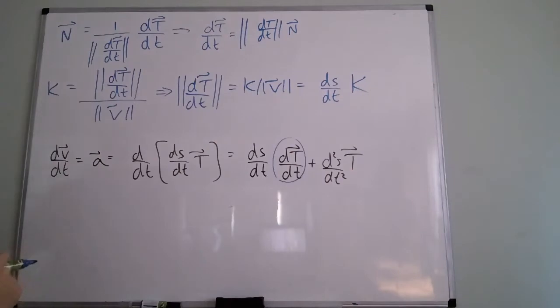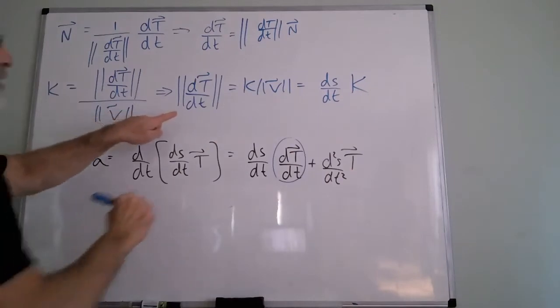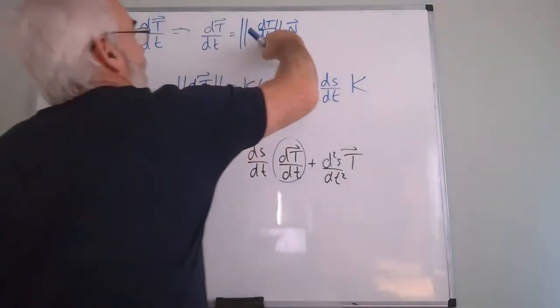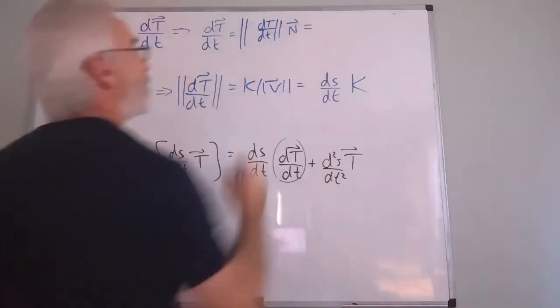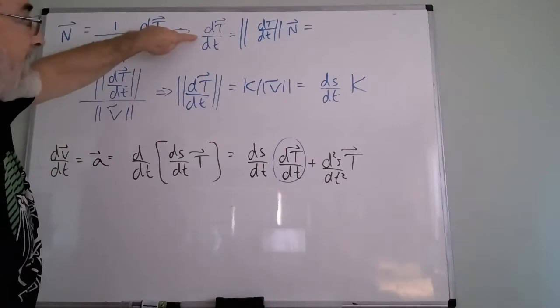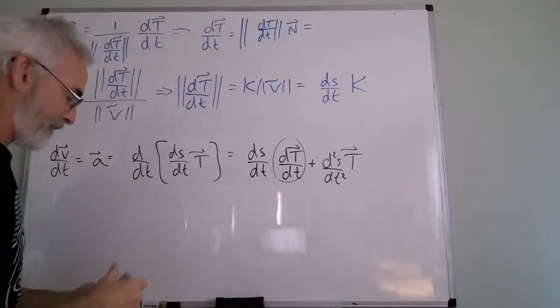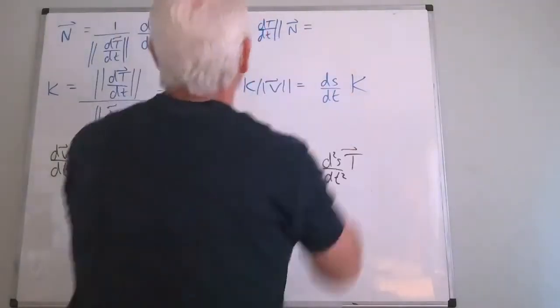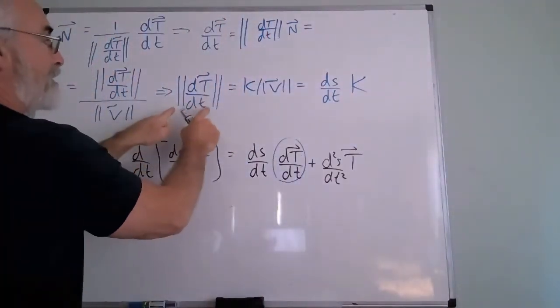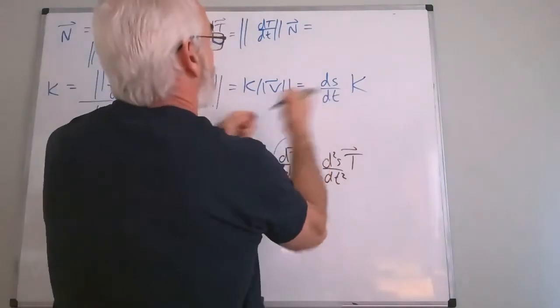Oh my goodness. Okay. So going back to this, I can replace dT/dt, the vector, with this magnitude times N. But we just found out that this magnitude is ds/dt times k.